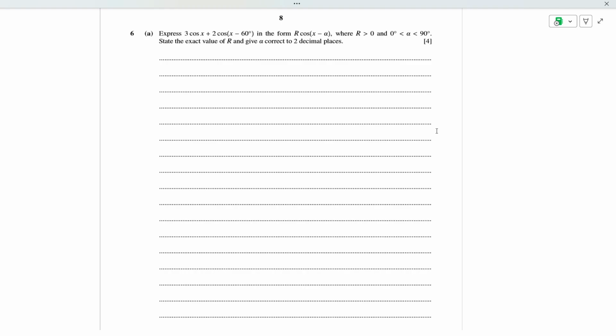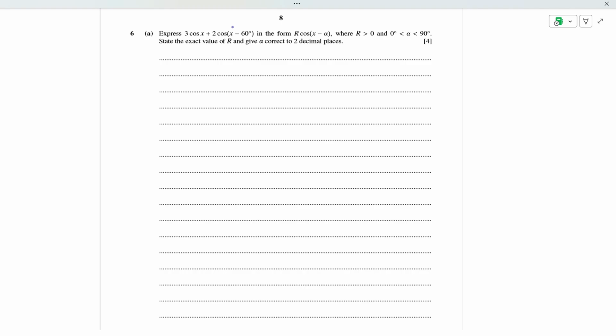So what you want to do in this case is expand and then compare coefficients. You want to expand r cos(x minus alpha).